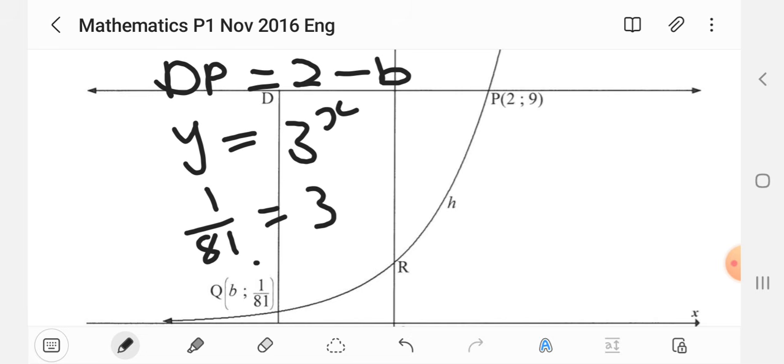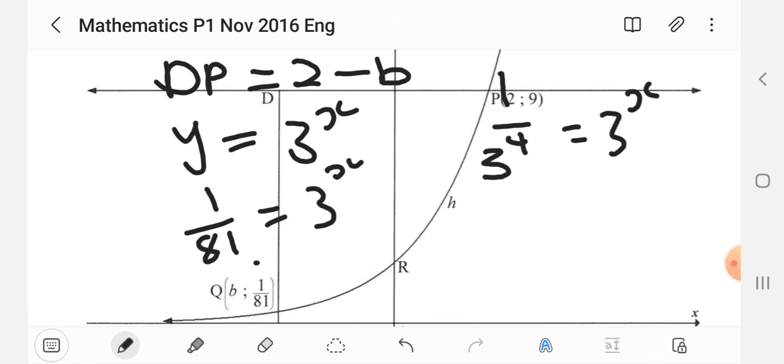That's what we're looking for, so we can find this B. That's how you calculate it. So can you write 81 as a power of 3? Sure, you can. So that will be 1 over 3 to the power of 4 equals 3^x.